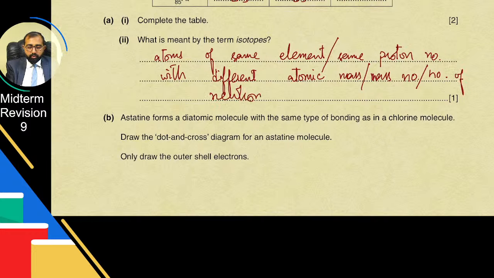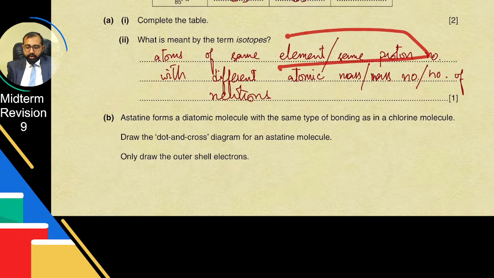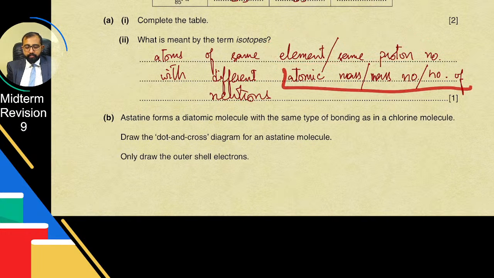Okay, so as long as you mention one of these things, इन दोनों में से कोई एक और इन दोनों में से कोई एक, तीनों में से कोई एक, then you're good to go.